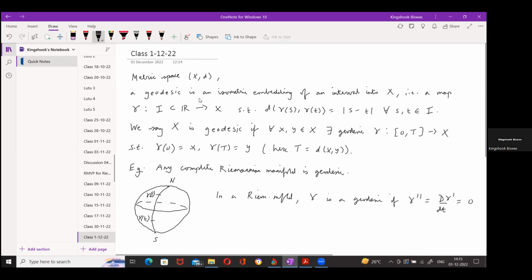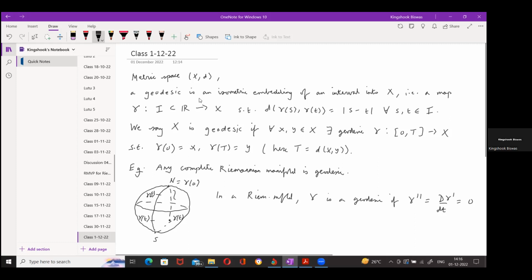But when I go beyond the South Pole, right, then if I look at, let's say, the distance from the North Pole N, which is gamma 0, to this point gamma T here, then if gamma was a geodesic, the distance from N up to gamma T would be equal to T, right? But in this case, when T is bigger than pi, then the distance becomes 2 pi minus T, right?